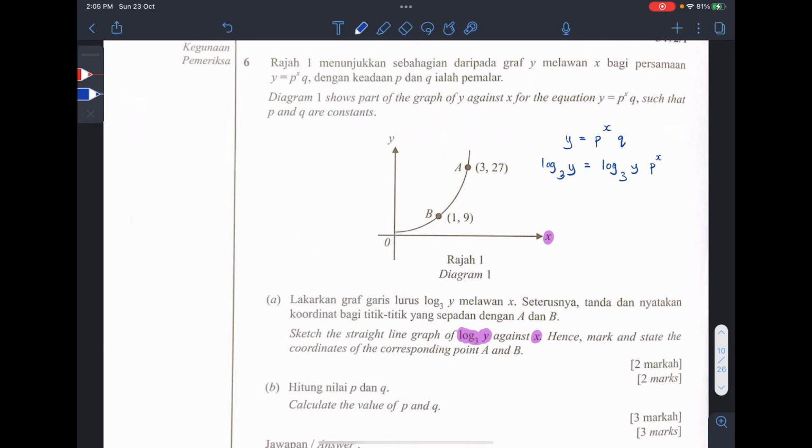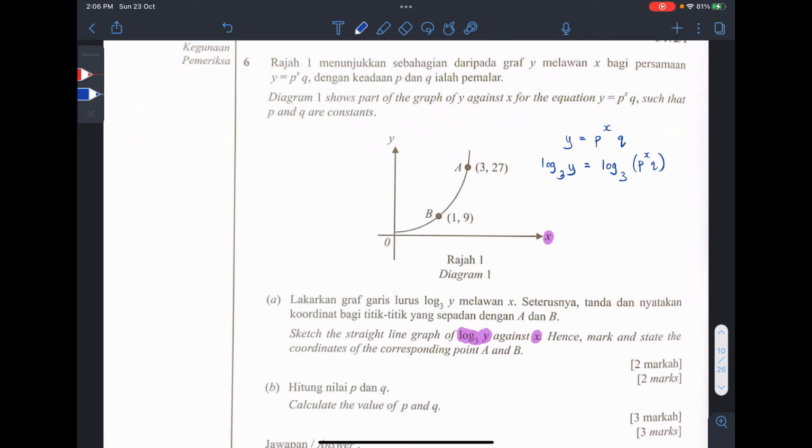So p to the power of x times q, I'm just going to put them in a bracket. I need to take out the y because I mistakenly put that in. I wanted to just take log base 3 on both sides, right?